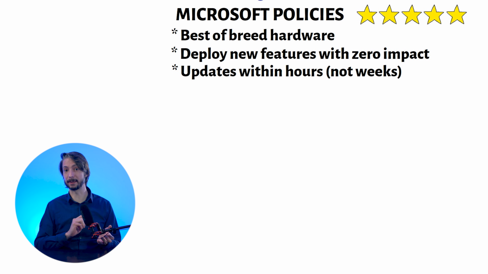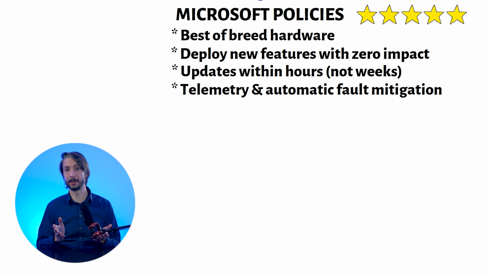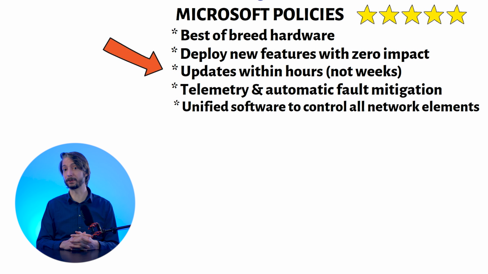Hours instead of weeks is the keyword. They utilize cloud-scale deep telemetry and fully automated fault mitigation. They use unified and software-defined networking technology to control all the hardware elements in the network, which means that they also eliminate duplication and reduce failures.